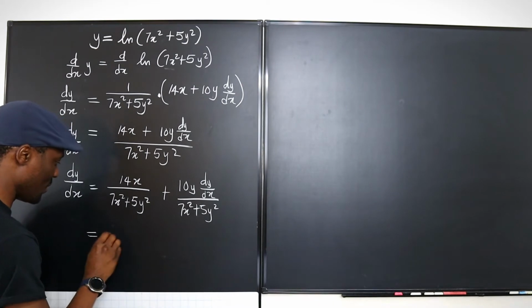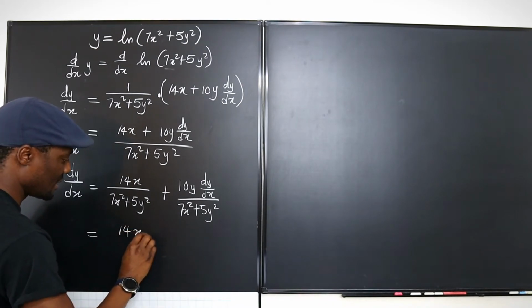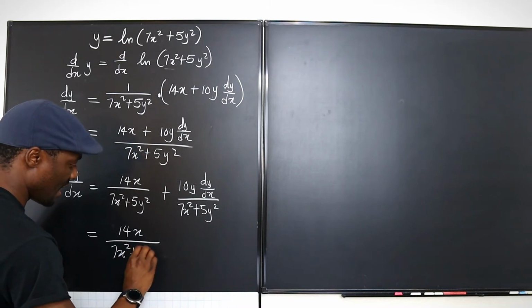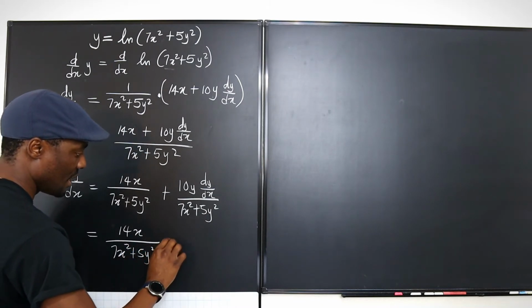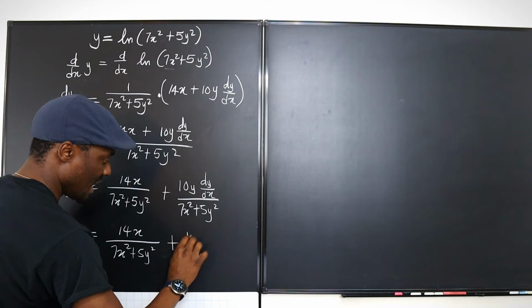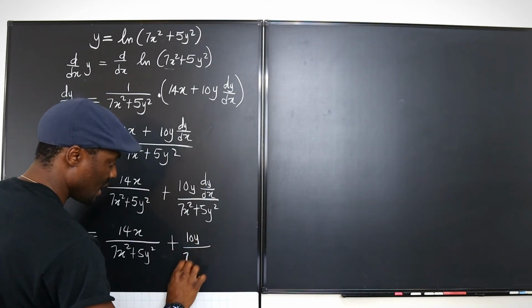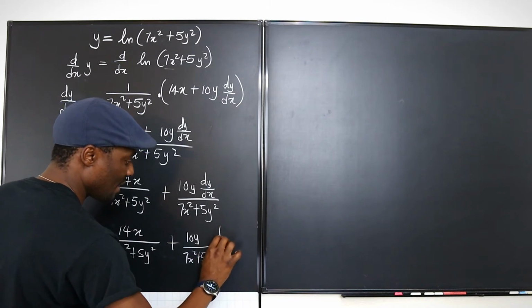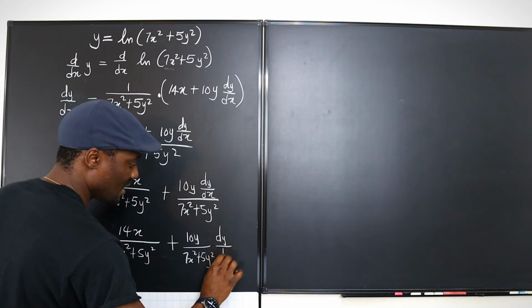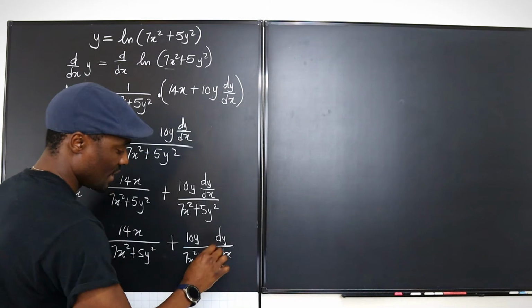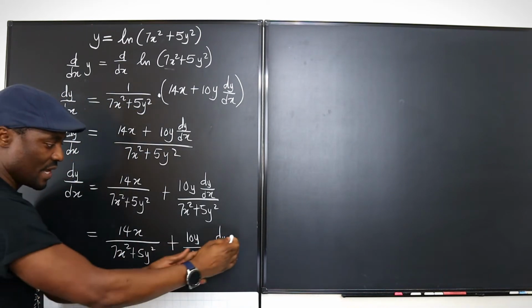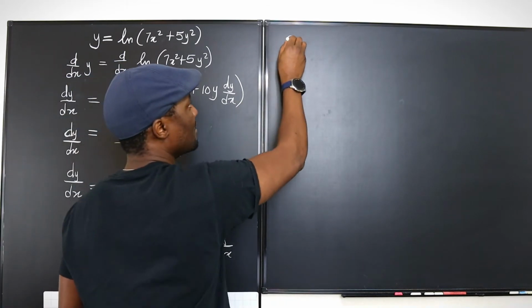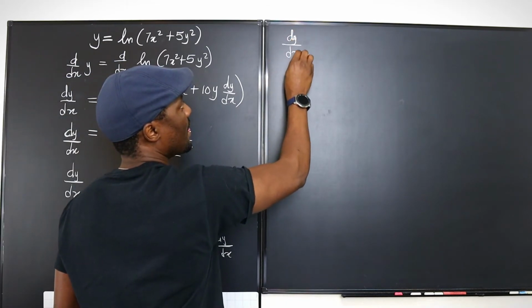We can say this is equal to 14x over 7x squared plus 5y squared plus, this is going to be 10y over 7x squared plus 5y squared. We can just write the dy dx on the side. Okay? So you know that we can easily take it and factor it. So let's progress.